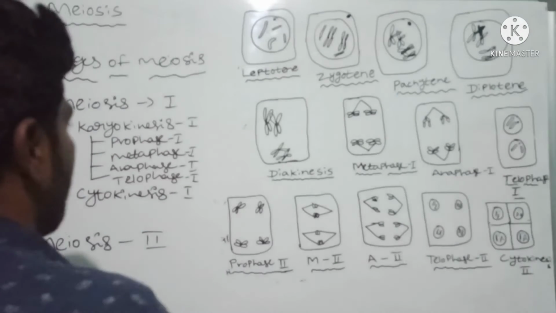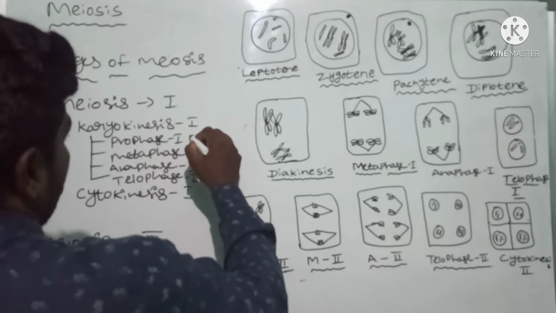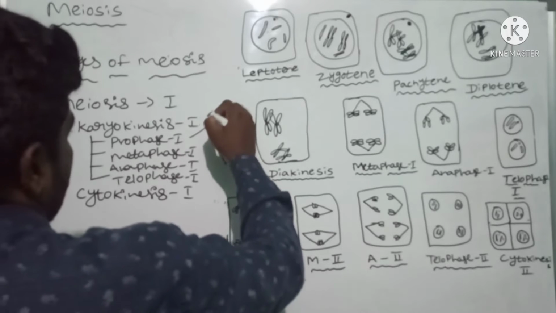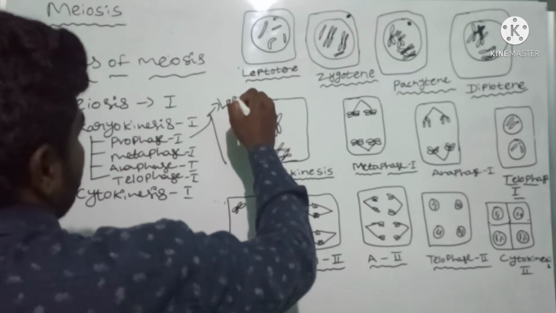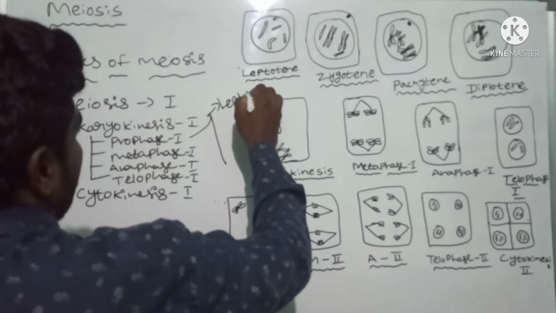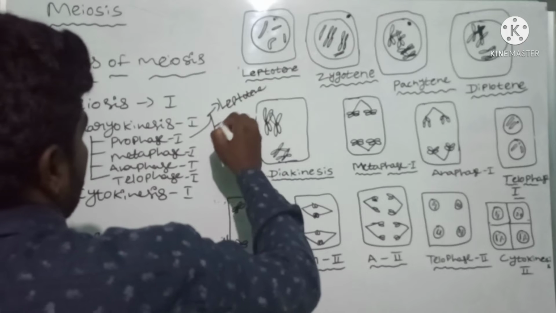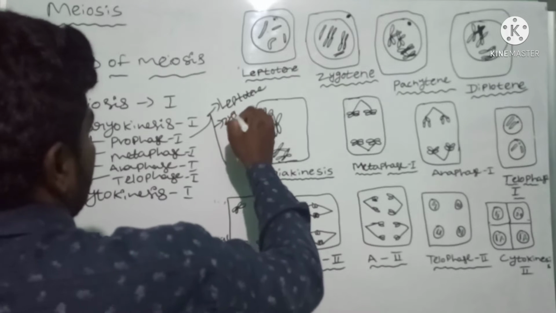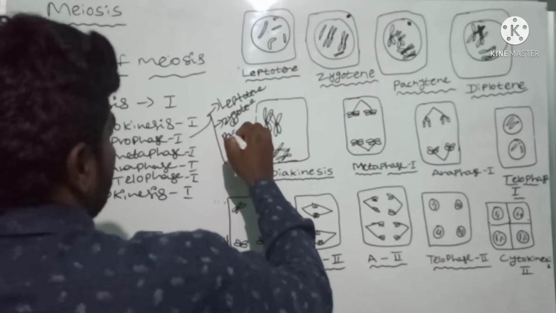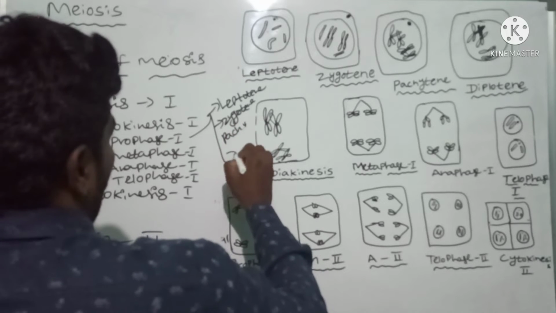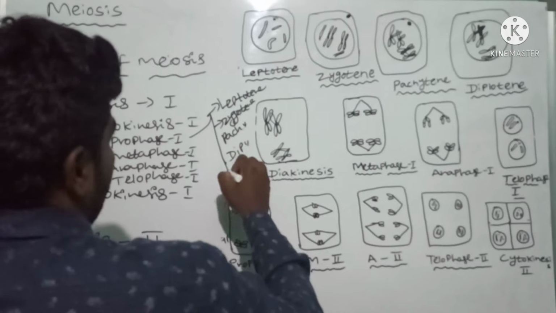This prophase stage, again they are divided into 5 substages, that is leptotene, zygotene, pachytene, diplotene, diakinesis.